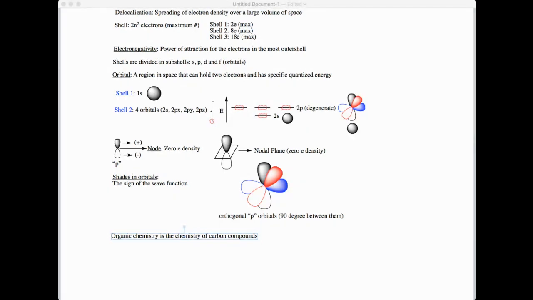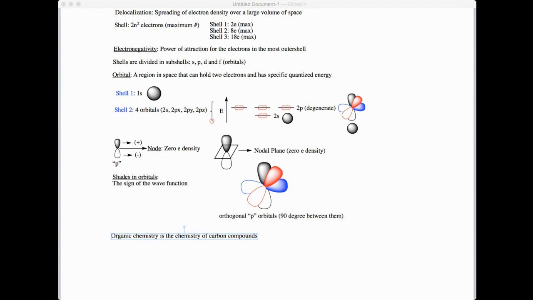The carbon atom is so relevant because it has the ability of binding to other carbon atoms and forming long chains. That's why 95% of the compounds we find in nature are organic, and that's why we have a class just for organic chemistry.